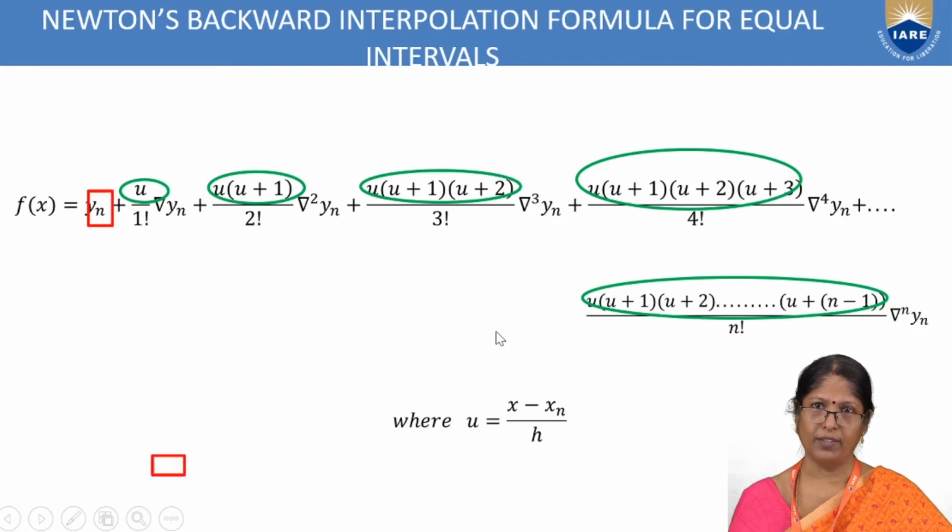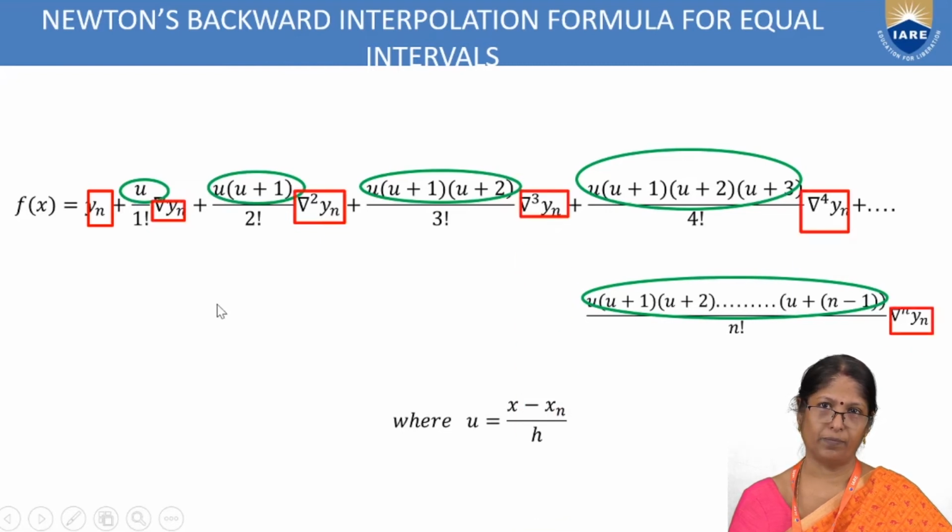Next you can see some terms are in rectangles. The first one is yn, the next del yn, del square yn, del cube yn, del power 4 yn, and the last one is del power n yn.